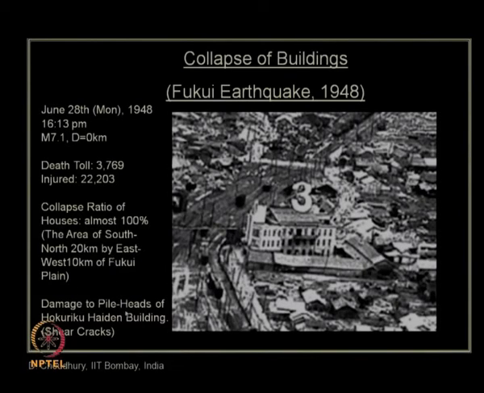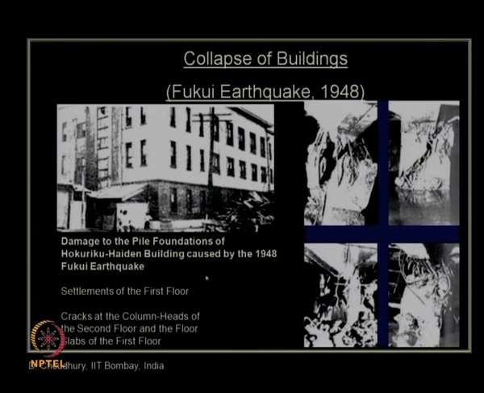Damage to the pile heads of the Hokuriku Hayden building and shear cracks also occurred. This is related to our geotechnical earthquake engineering. When we design a pile foundation, we should learn from previous experiences of damage to these foundations, so that we can incorporate the proper steps in design.